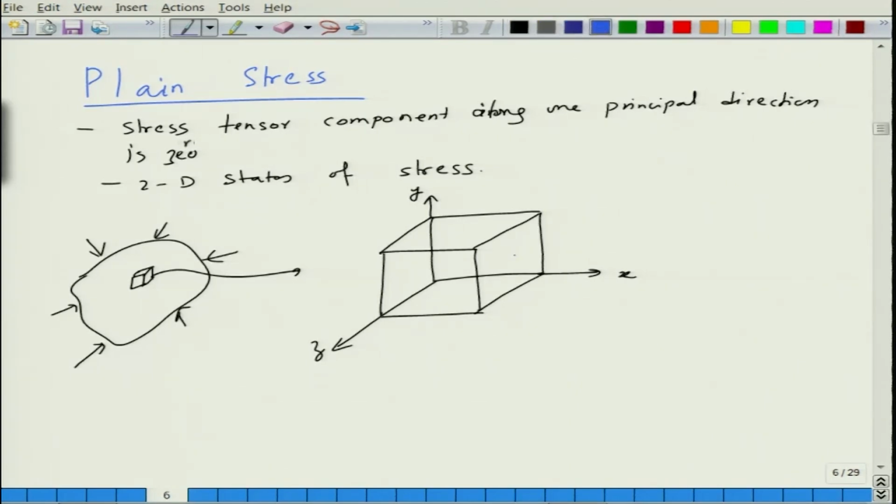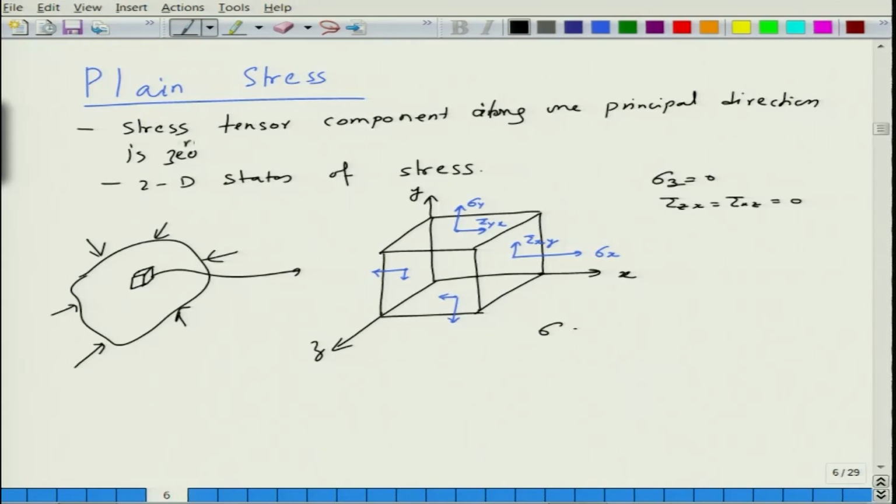So, we have sigma x, and then we have tau xy, and we have sigma y, and we have tau yx, and similarly you will have components along this as well. And another thing that you note is sigma 3, sigma z is equal to 0 here, and tau zx is equal to tau xz, that is also equal to 0.